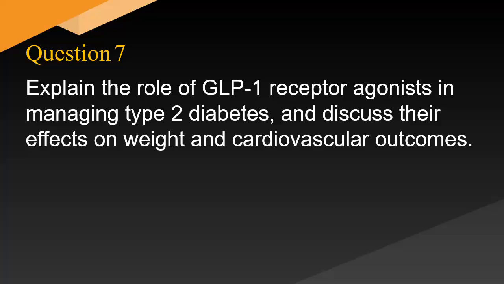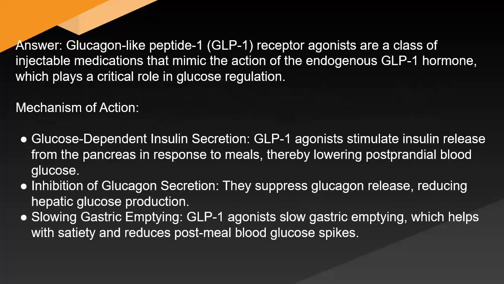Explain the role of GLP-1 receptor agonists in managing type 2 diabetes and discuss their effects on weight and cardiovascular outcomes. Answer. Glucagon-like peptide-1 (GLP-1) receptor agonists are a class of injectable medications that mimic the action of the endogenous GLP-1 hormone, which plays a critical role in glucose regulation. Mechanism of action.